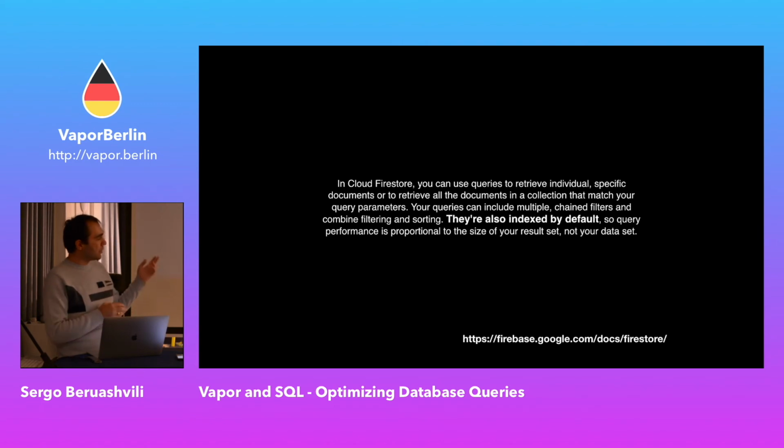For example, Google's Firebase has a new database, Firestore, and whenever you create a new document in it, it actually indexes all the columns by default. So there is no way to not index a column. It's gonna index it always.